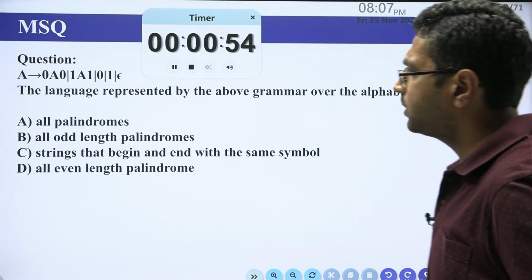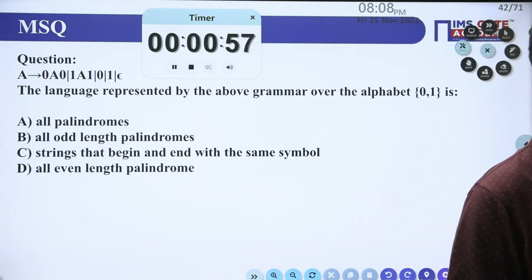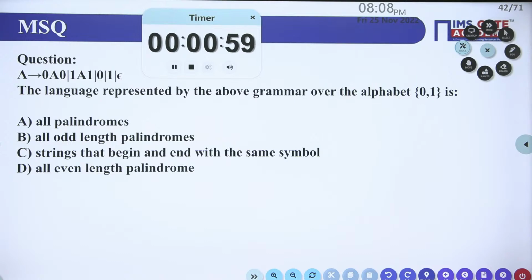So you are incorrect, Hemashri. Just cross check once.